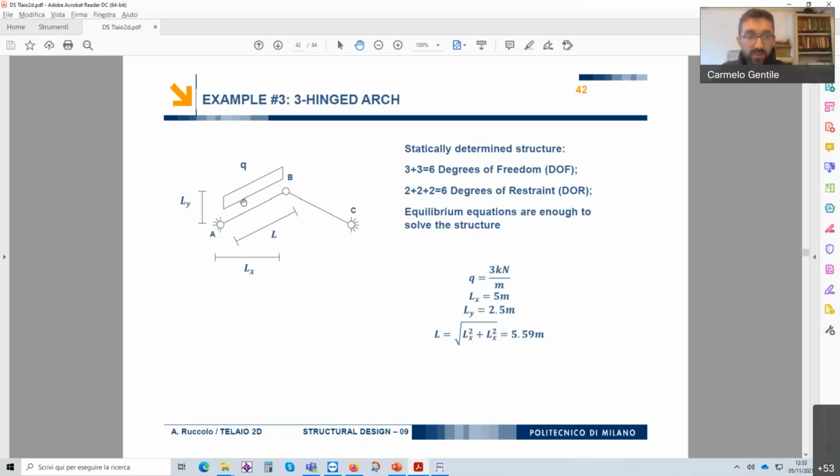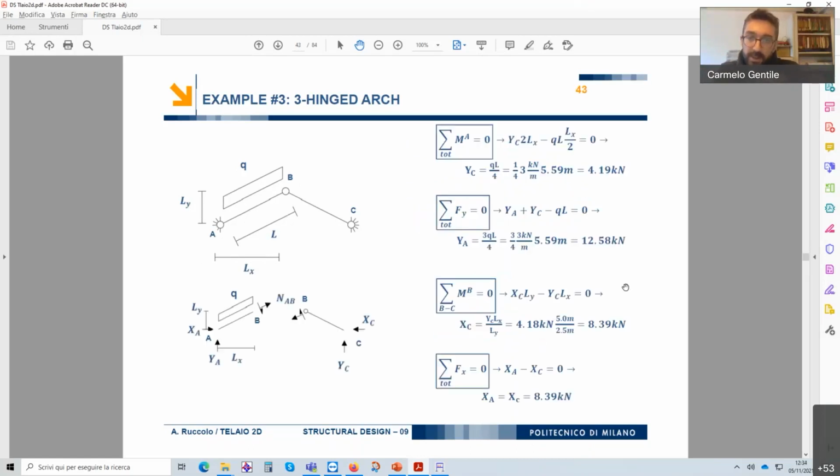And we have a vertical distributed load applied only on the beam AB. Both beam AB and beam BC have a horizontal span of 5 meters and a vertical height of 2.5 meters, so that the complete diagonal length of each element is 5.6 meters, basically.